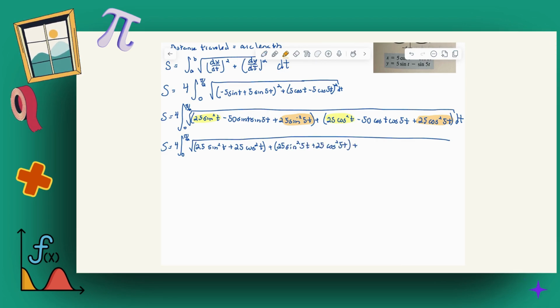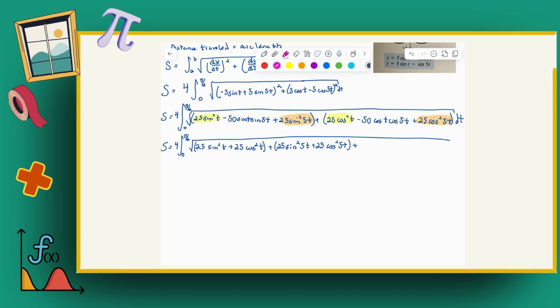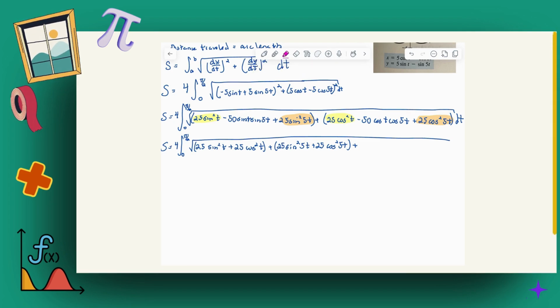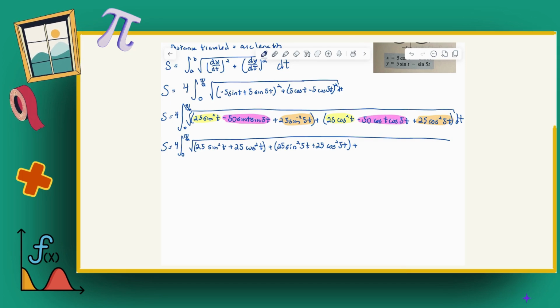Lastly, I'm going to take the negative 50 sine t sine 5t and put it with the negative 50 cosine t cosine 5t. Now I'm going to write this as negative 50 sine 5t sine t, and then minus 50 cosine 5t cosine t, so that this last term better fits our difference formula for cosine.